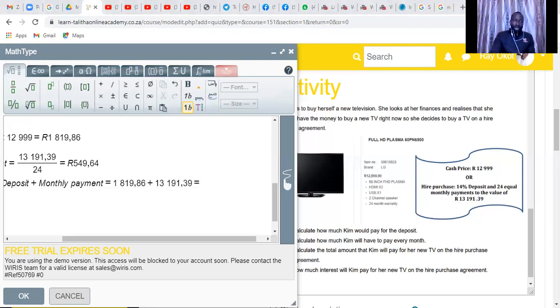So this is 1,819.86 added to 13,191.39. That will give us 15,011.25.